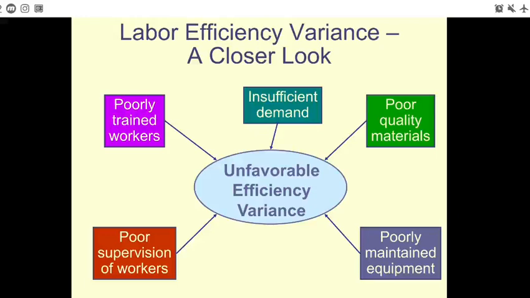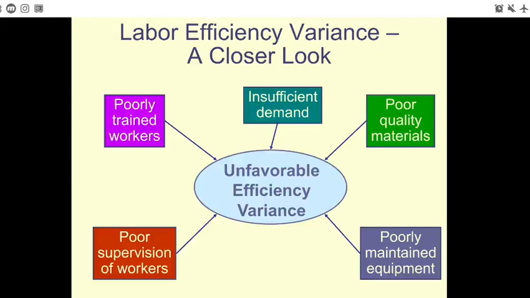If you hire poorly trained workers, your business will get unfavorable labor efficiency variance, because poorly trained workers do work and the output is not good, so they have to do it again. So the labor efficiency variance will become unfavorable, or negative, or not good.